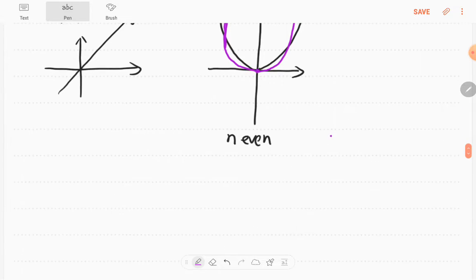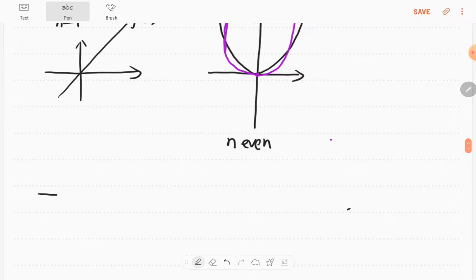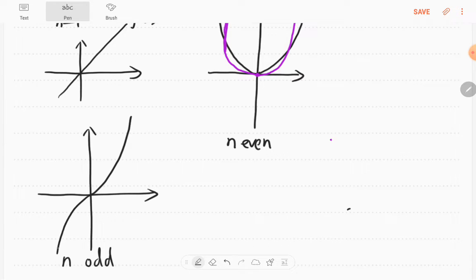And the same for the odd number. If n is odd, okay, let's look at n equals 3. n equals 3 is this one. This is f of x equals x cubed.